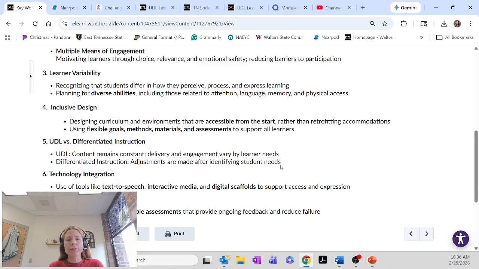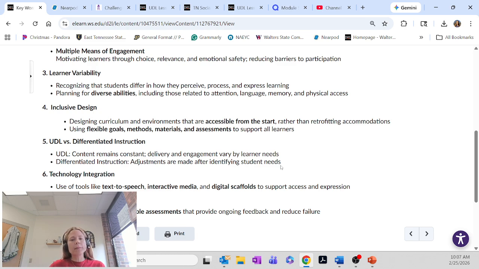Whereas if you do differentiated instruction, you have to make adjustments after you identify their needs. With UDL, you're already thinking about all the needs before you even get started, right? So you may not even know that, you know, little Johnny's having trouble. He hasn't been tested and evaluated for special ed yet, but we know there's something going on.